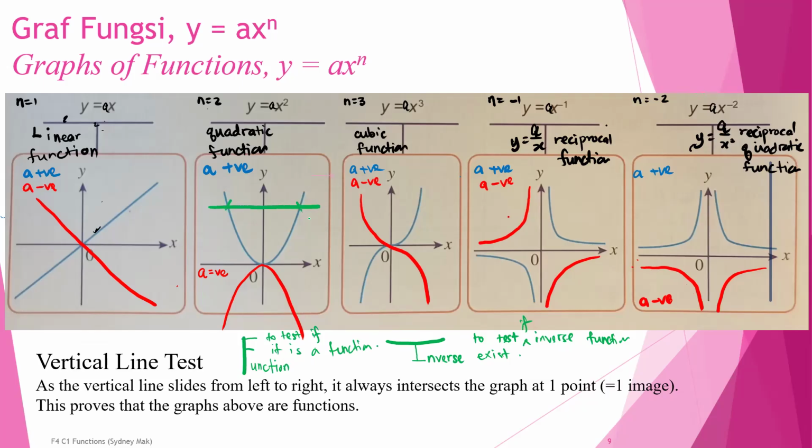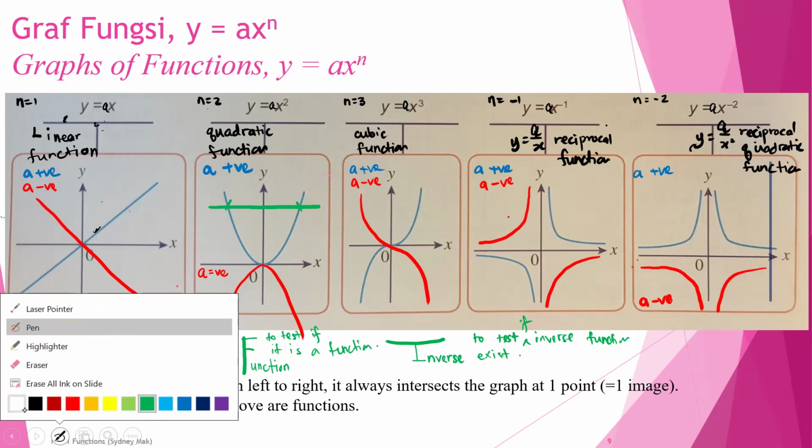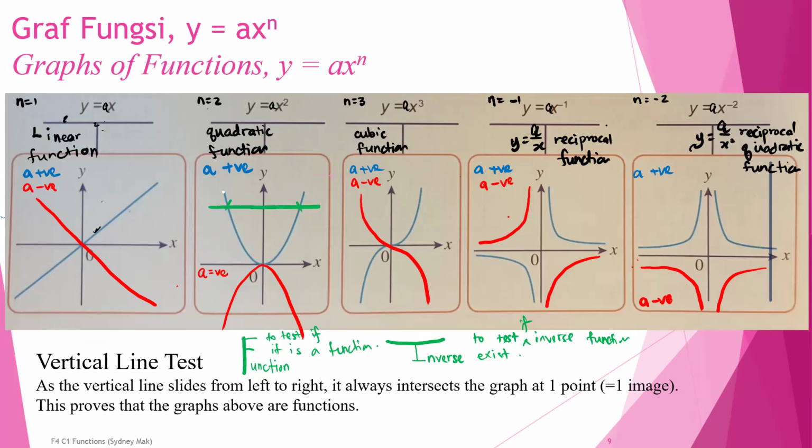Quadratic function has no inverse unless we erase this part, unless we don't want this part. We set a condition that we only take this part. Anytime the graph cuts at only 1 point, then this function has an inverse.